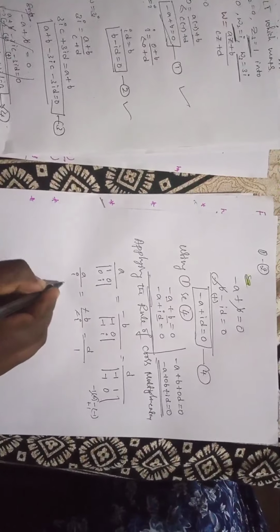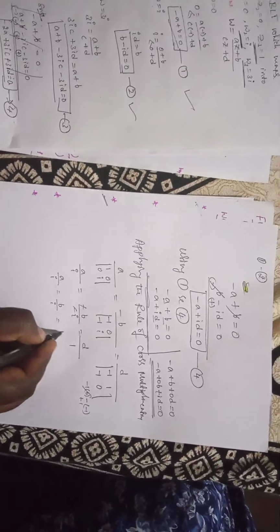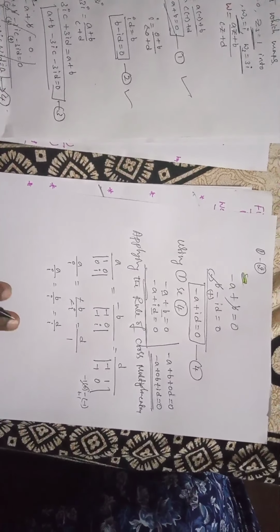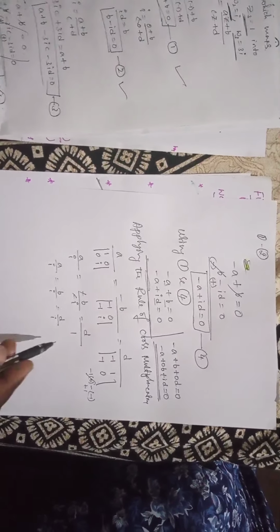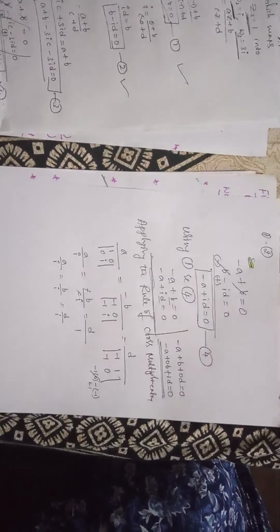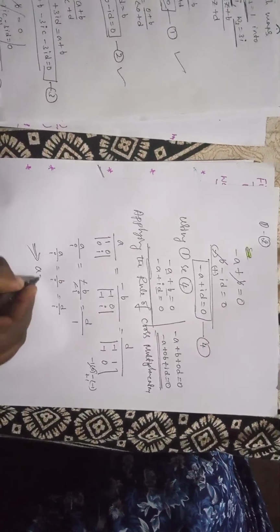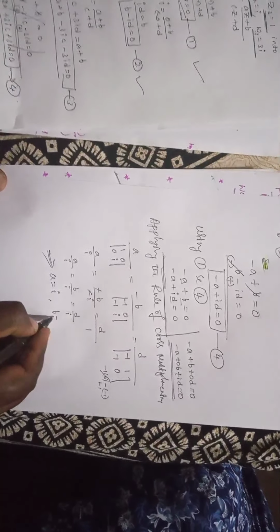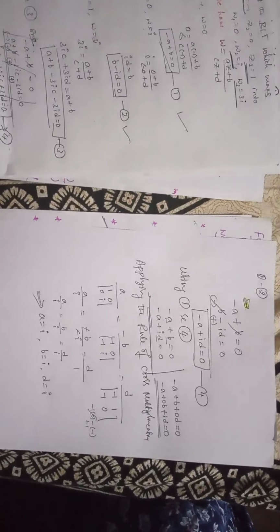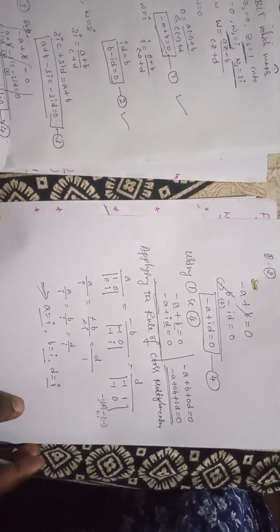Minus minus gets cancelled. So a by I, b by I, d by I. I told you in the last class, if we equate each ratio to k, we will get the same solution. So take this directly: a equal to I, b equal to I, and d equal to I. So the a, b, d values are known.